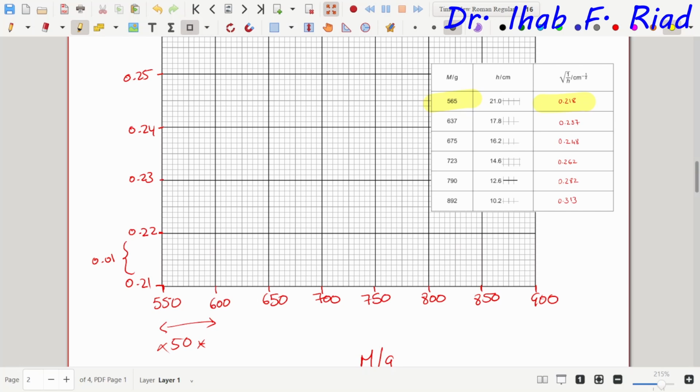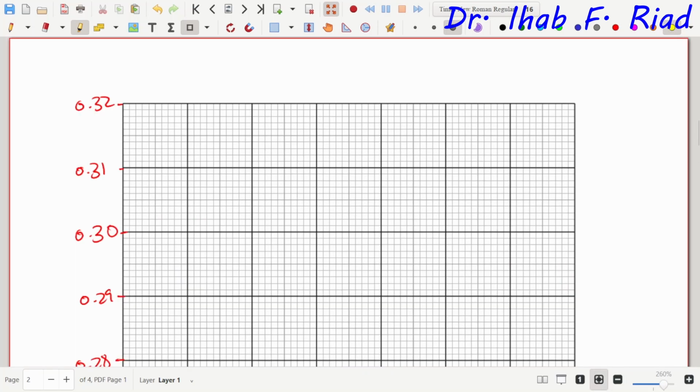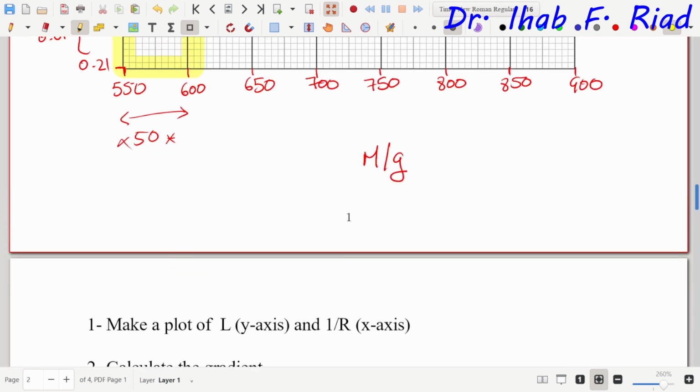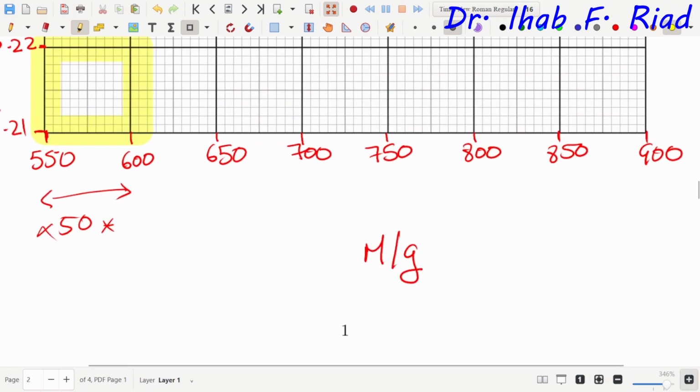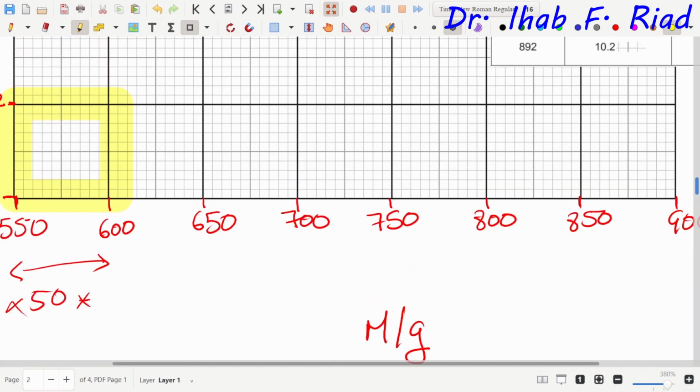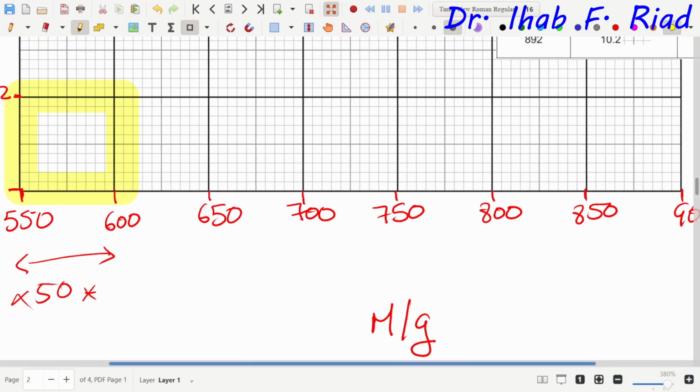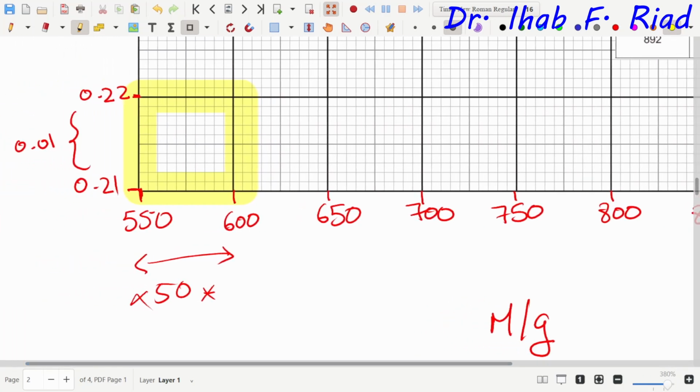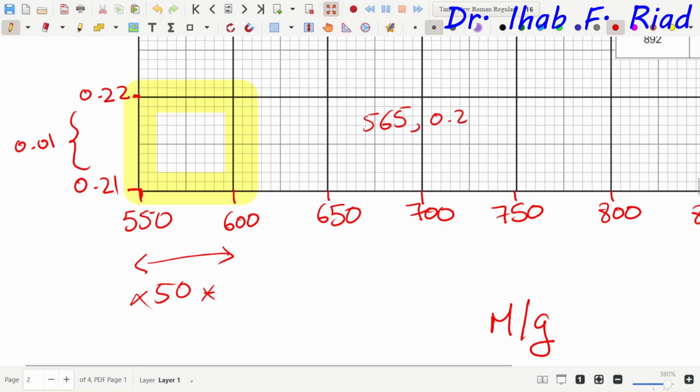The first data point is going to be in this square, if you can see it. Now let us zoom in a little bit, so I show you how I'm going to do it. We know that on the x-axis, the value is 565. On the y-axis, it is 0.218.